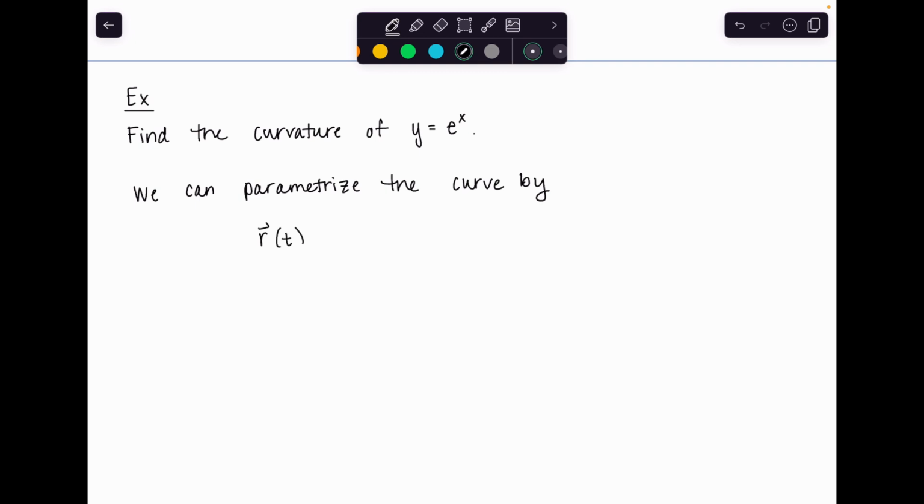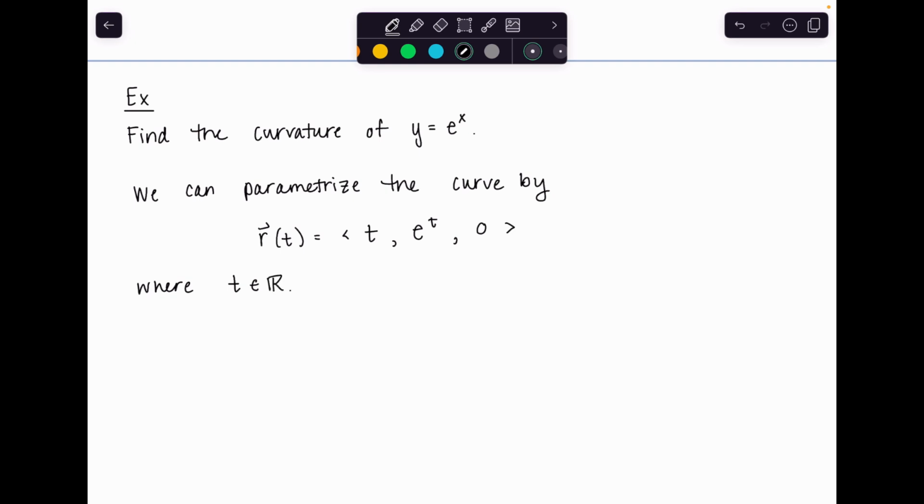Because it's a function y equals something in terms of x, the easiest parameterization is you let x be t. Your y is then e to the t. And since we're in 3 dimensions, I'm going to go ahead and add that 0 there because I might have to take a cross product, so I do need a 3-dimensional vector. So we can parameterize by this vector function, where this t is any real number because the domain of e to the x is anything you want.